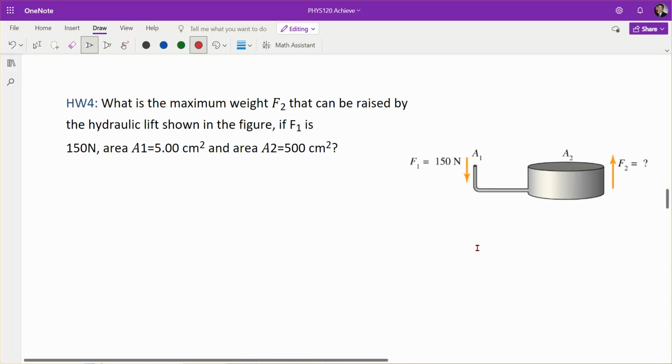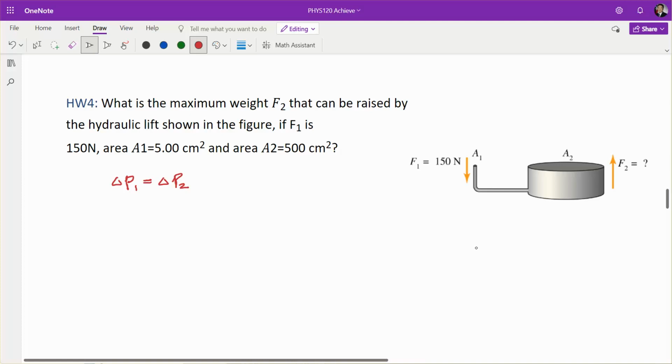Okay, the next problem that we are looking at is about Pascal's law. Pascal's law tells us the pressure change on one side is going to be equal to the pressure change on the other side. So the change of the pressure at 1 is equal to the change of the pressure at 2. And how do we find the pressure?